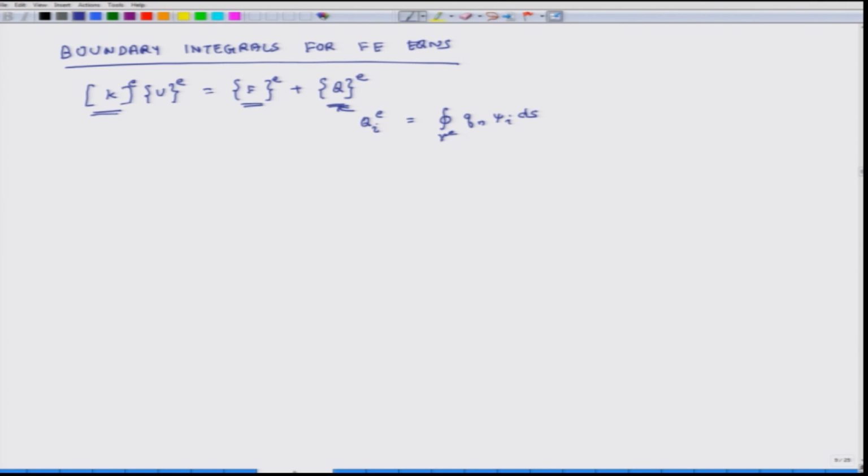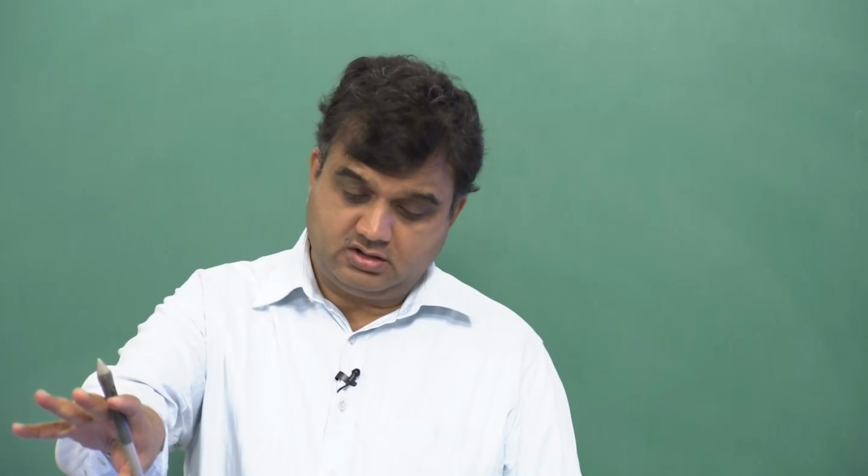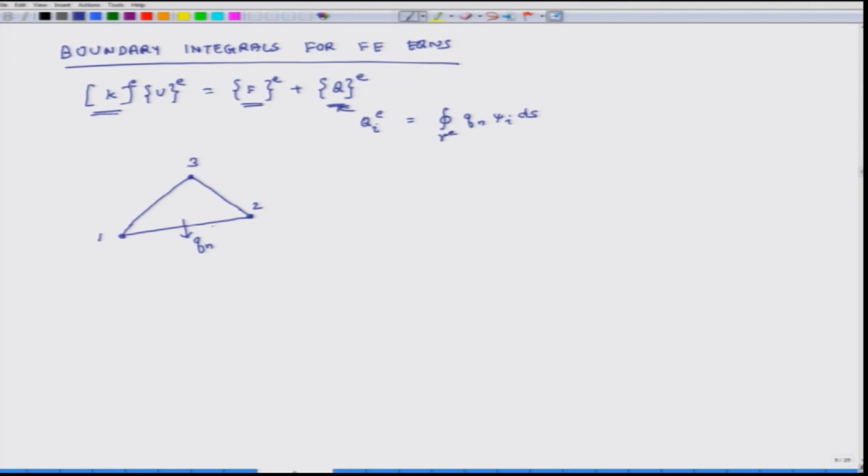What does that mean? Suppose I have a triangular element. This is node 1, 2, 3, and Qn represents the flux. For instance, if it is a heat conduction problem, it is the flow of heat in the direction normal to line 1, 2.